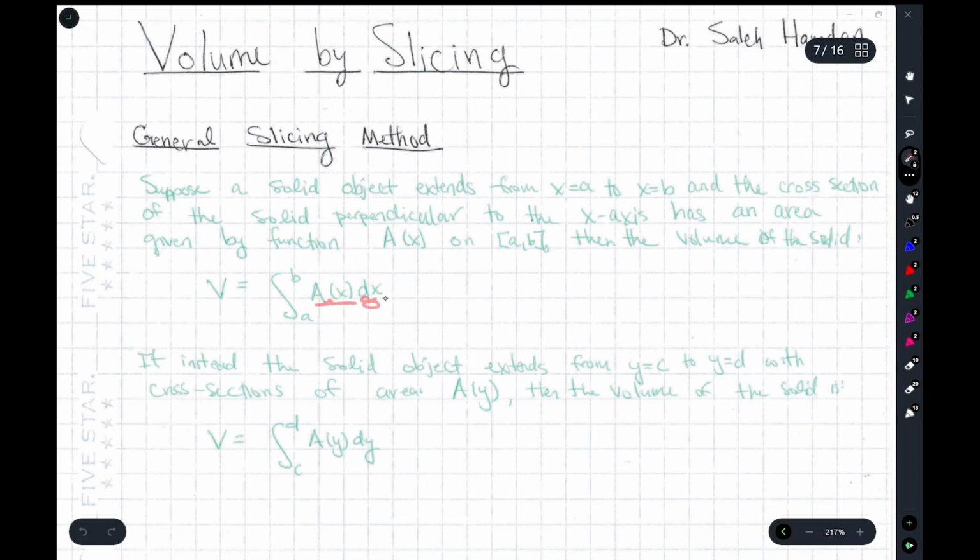This is an area times dx, so you get a volume, and you add those small volumes together. Sometimes you want to take slices not along the x-axis but along the y-axis, so you'll get a formula in y instead, where you take a slice that's perpendicular to the y-axis.